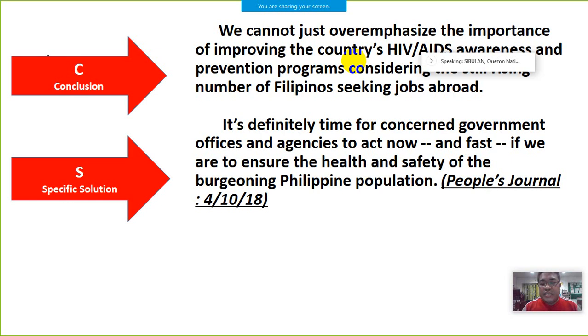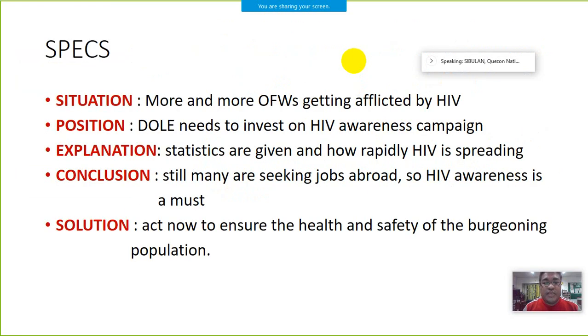By the way, this editorial article is taken from People's Journal, April 10, 2018. The previous sample is taken from Manila Standard. So if we will be studying the outline of that editorial, then here it goes. It makes use of the SPECS format. The situation is defined, OFWs getting afflicted by HIV.